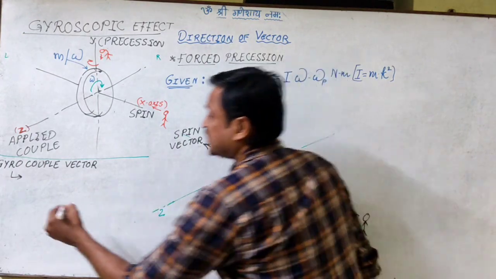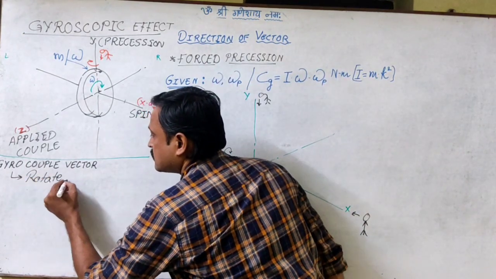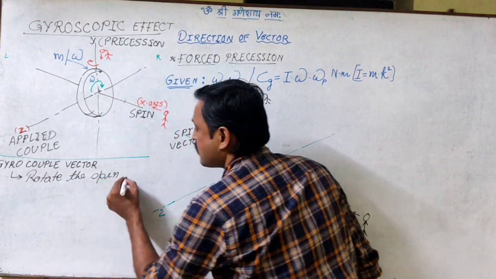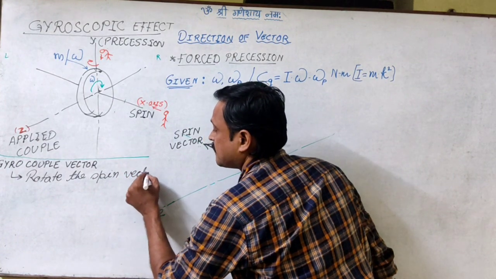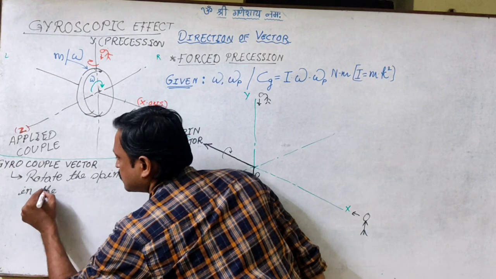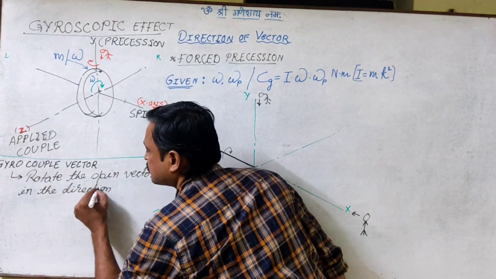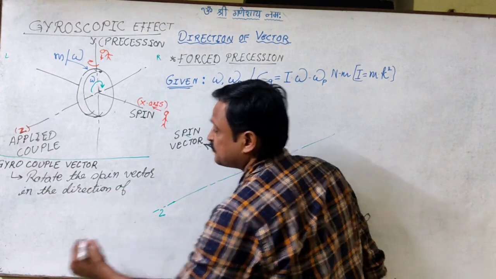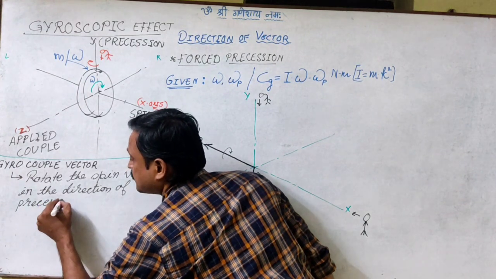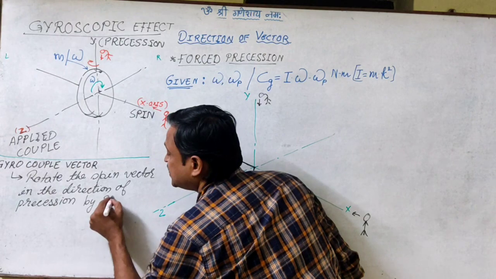We will rotate the spin vector in the direction of precession by 90 degrees.